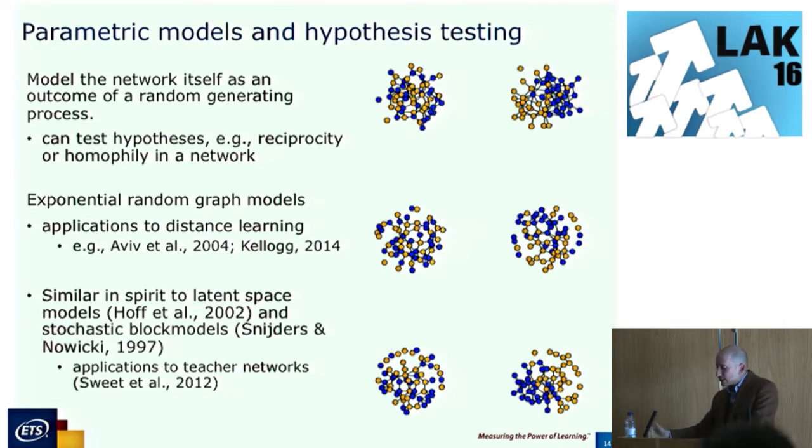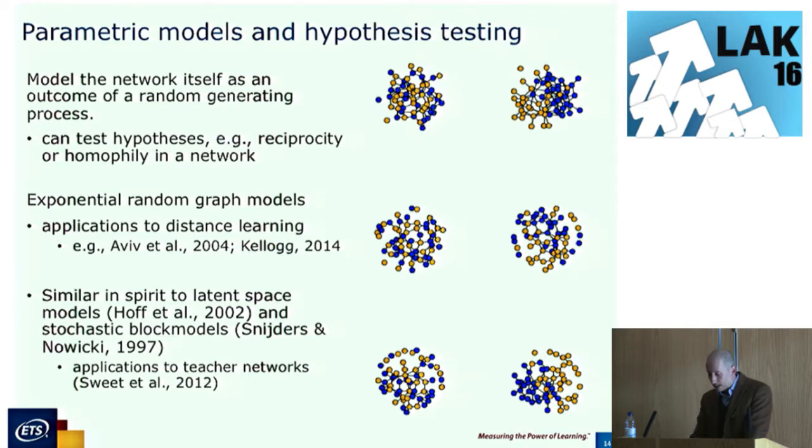That's what the framework of exponential random graph models allows you to do, kind of like regression analysis allows you to say whether certain predictors are significant in the outcome of interest. This has been around for some time. Some of those references are actually applications to distance learning, but I should probably move on to our specific application. If you've heard of latent space models and stochastic block models, they're very similar.